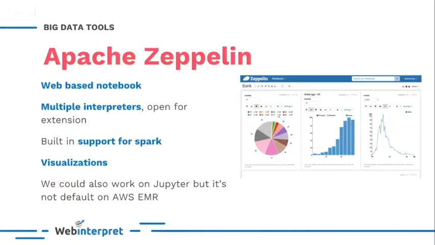It has built-in support for Spark, built-in visualization, and so on. And what was really nice for us, as we are using AWS Cloud, we decided to use AWS tools, and Zeppelin is already there. You can just do a few clicks and use it.